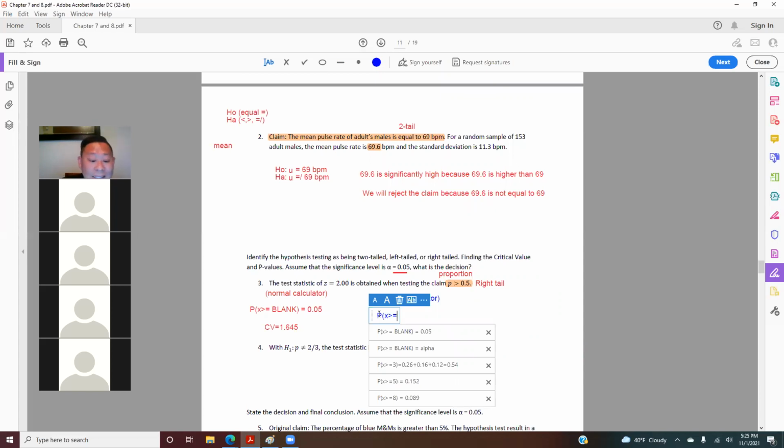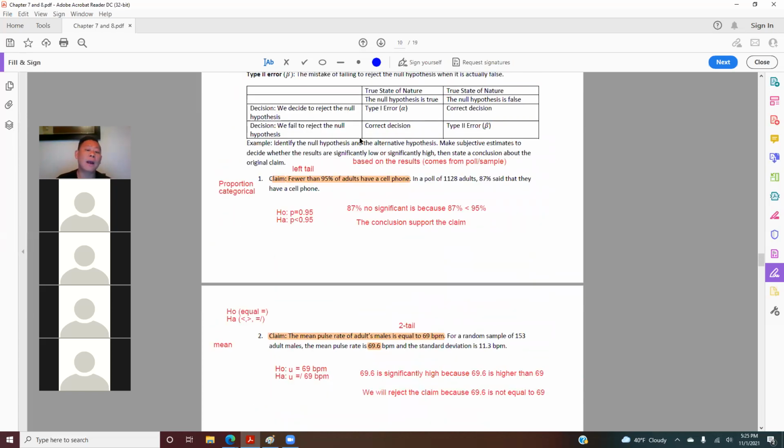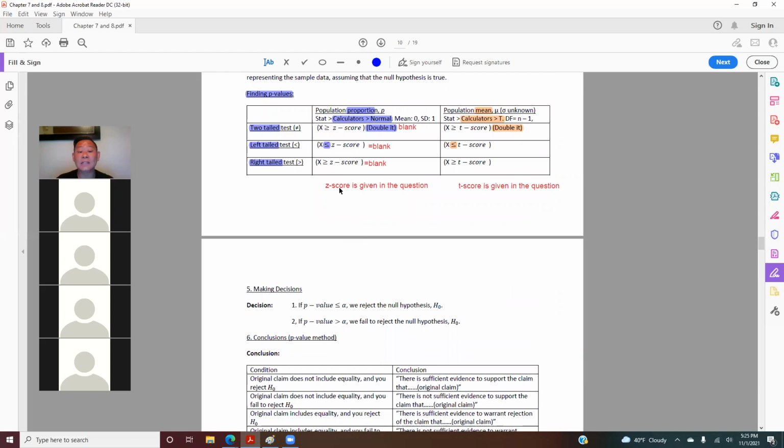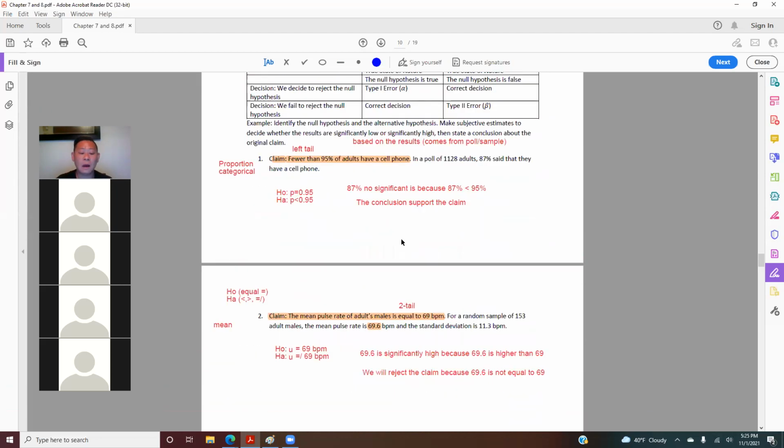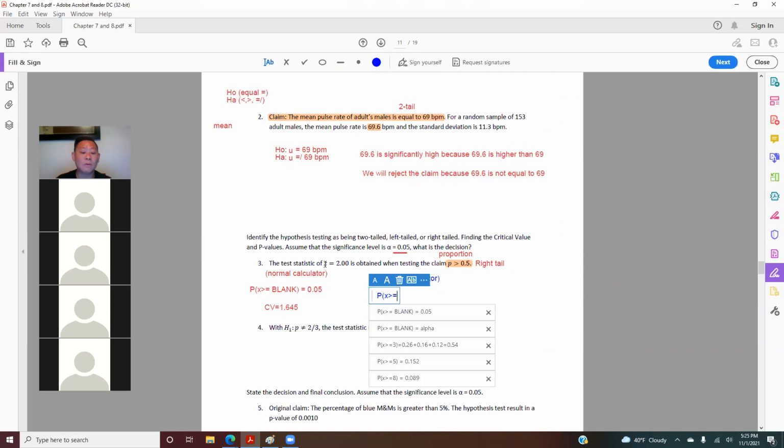This time we're going to take P(x) greater than or equal to. Now, what is the z-score? If you look carefully here, the z-score is given in the question. What is your z-score? The z-score is 2 point... Exactly 2. So that is your z-score, and equals blank.